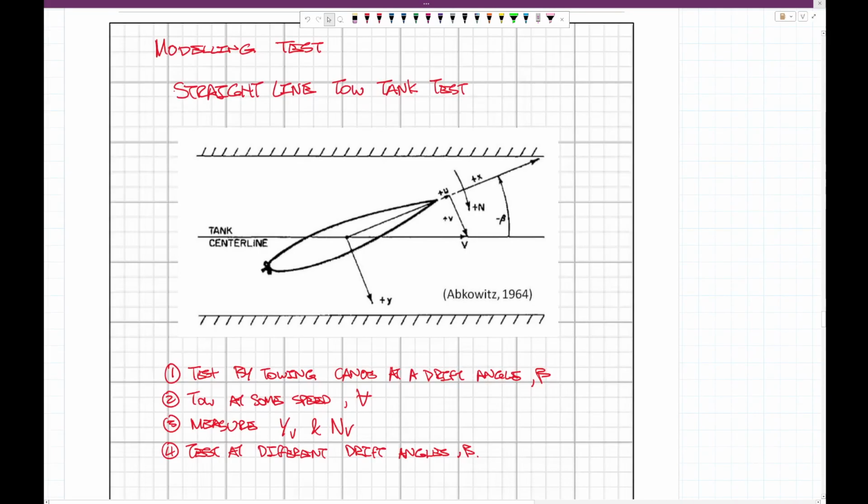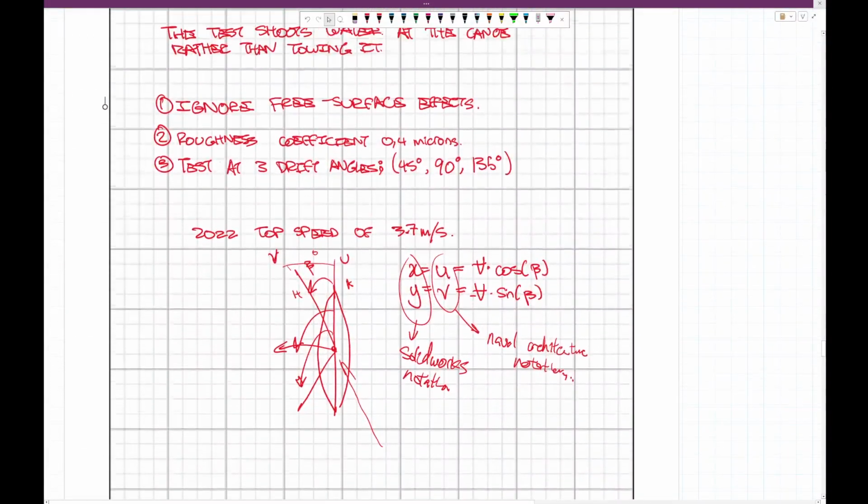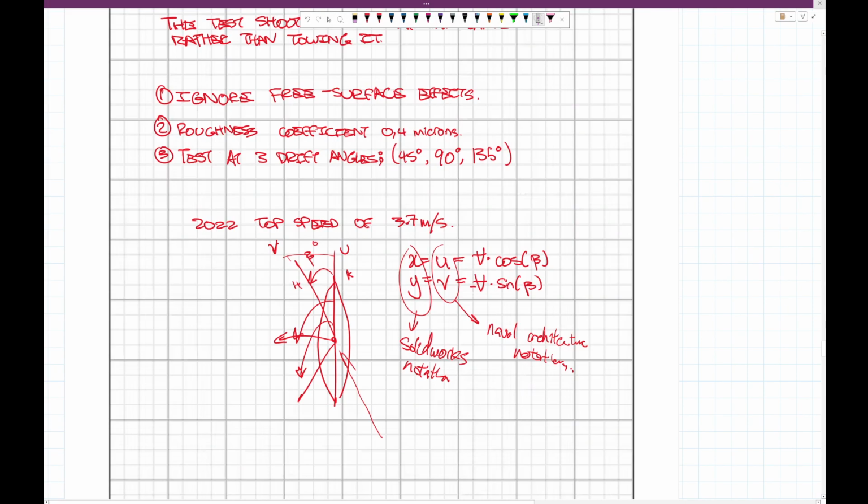We're angling the water rather than the boat, so we developed our own system here. Our beta angle is measured off the forward axis, at 45 degrees, 9 degrees, and 135 degrees.